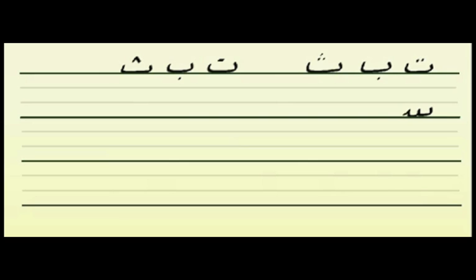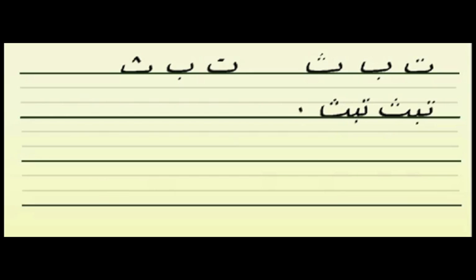Try it in a different order. Ta, ba, tha. Again, exactly the same underlying shape, but with the dots placed above and below in different orders to give the different sounds of the letters. Ta, ba, tha.